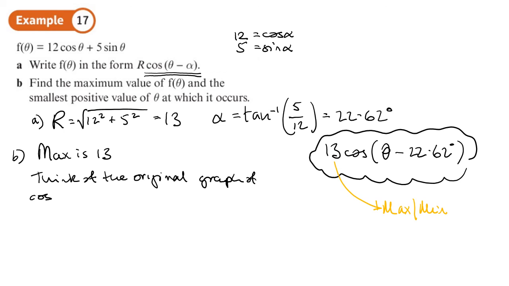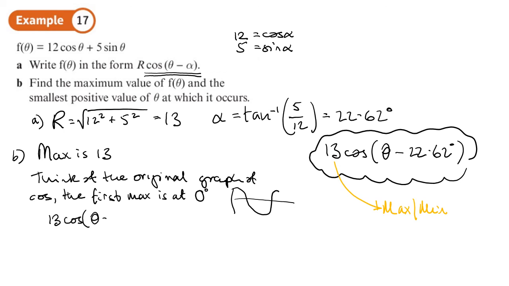Well, the original graph of cos, the first max is at 0 degrees, isn't it? Yeah, because it goes like that. That's where its first maximum is. And the next maximum is at 360. Now, what does that mean? Well, that means if I've got the graph of this, let's not miss the cos bit out, 13 cos(theta minus 22.62).